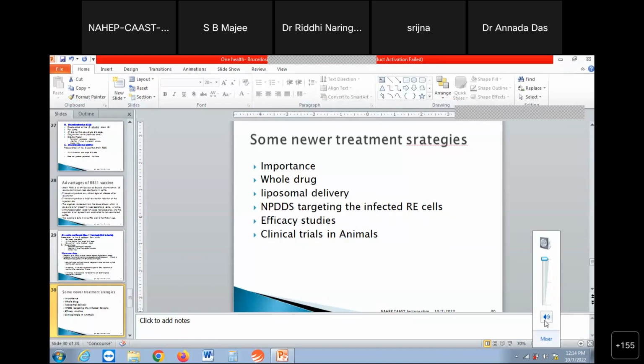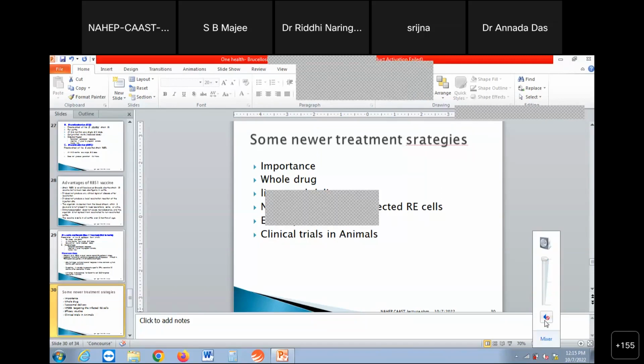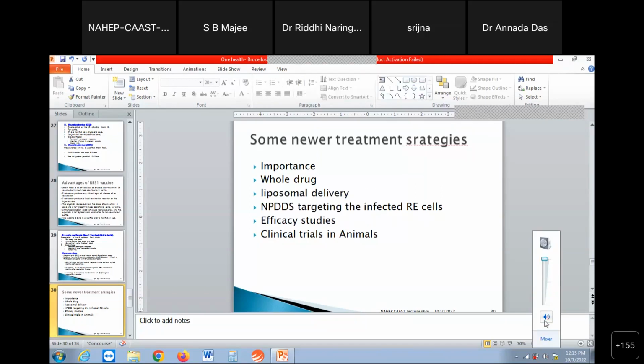If the animal can be treated, then definitely it would be a landmark in the history of brucellosis, because treating an animal for brucellosis is a very important strategy which needs to be addressed as fast as possible. So this definitely would be a turning point in the One Health program in brucellosis.